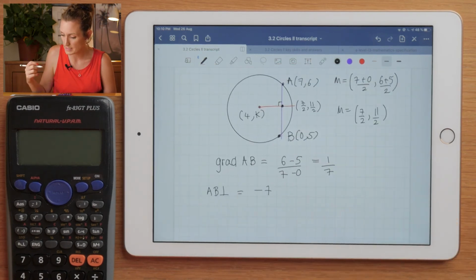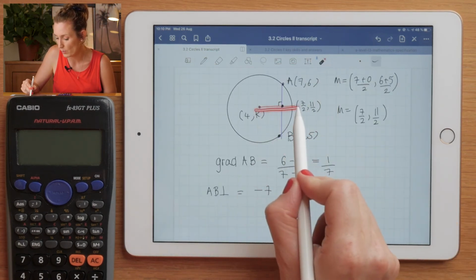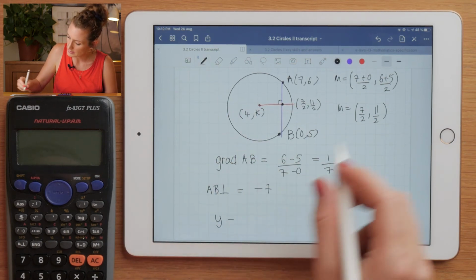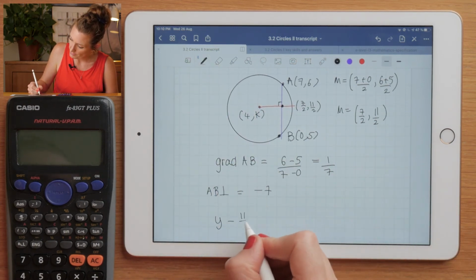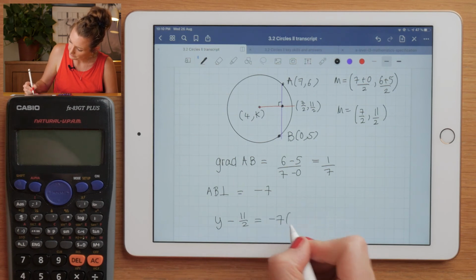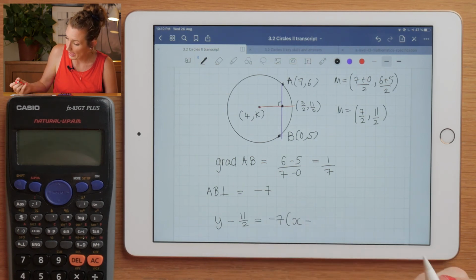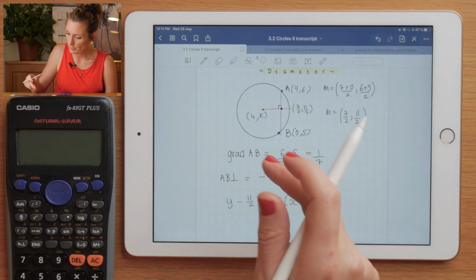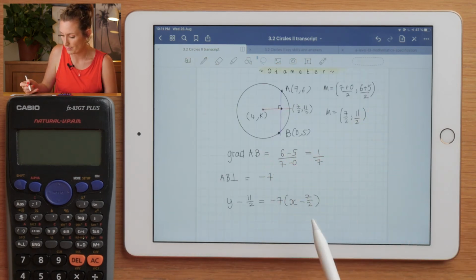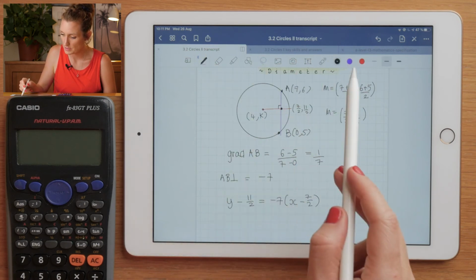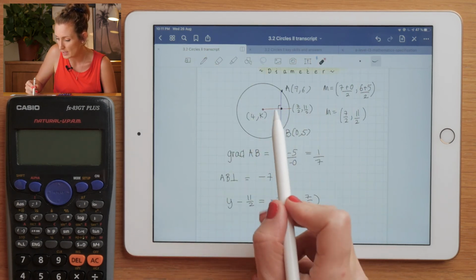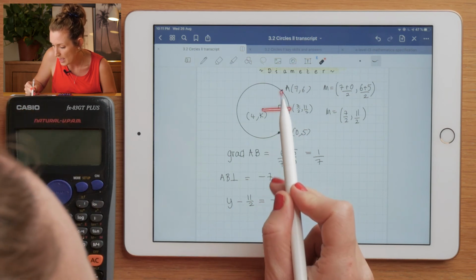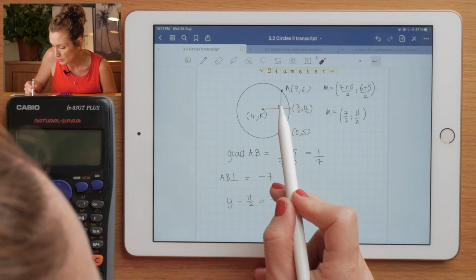Now we've got the two pieces of information we need to find the equation of the radius. So we'll do y minus 11 over 2 equals gradient times x minus 7 over 2. You could go ahead and tidy this up if you wanted to, but I'm just going to straight away plug in because I know that my center is on this line. I know that the radius and the chord are intersecting at 90 degrees.